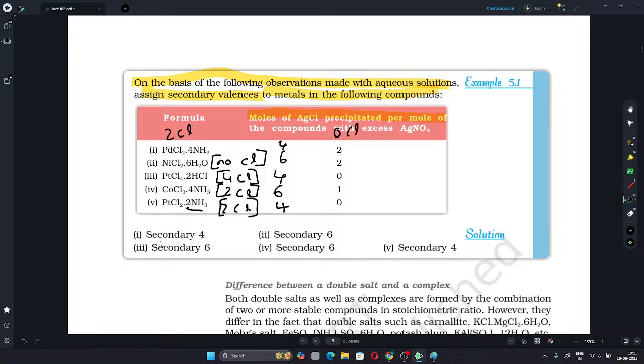The first one being 4, correct. Second one being 6, correct. Third one is platinum. It seems that platinum has also bonded with these two HCl molecules. As such, here we can take it as 6, even HCl acting as a ligand. And the fourth case is 6, correct. Fifth case is 4, correct.